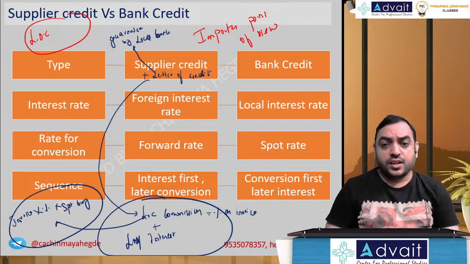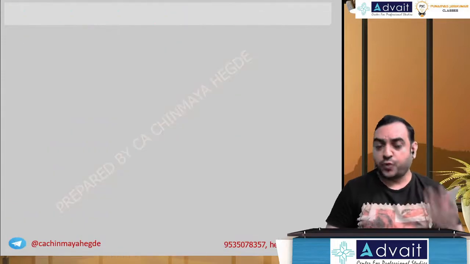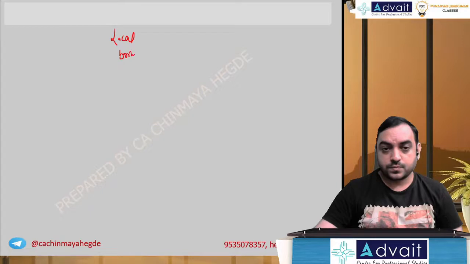Okay. And one more type of problem you know already, but I'll just repeat once more. That is on local borrowing versus foreign borrowing.